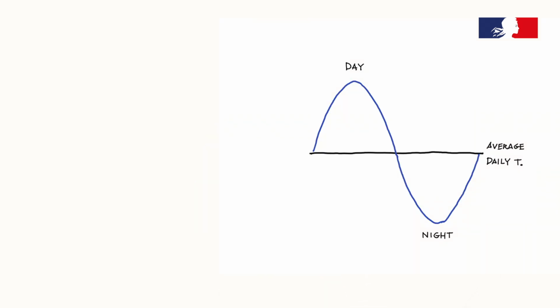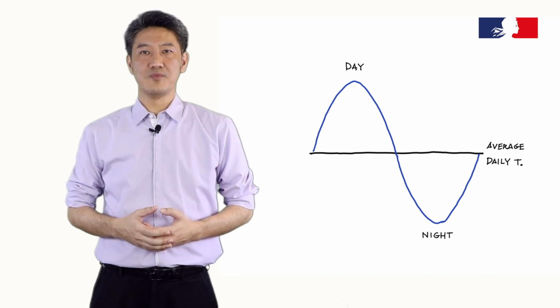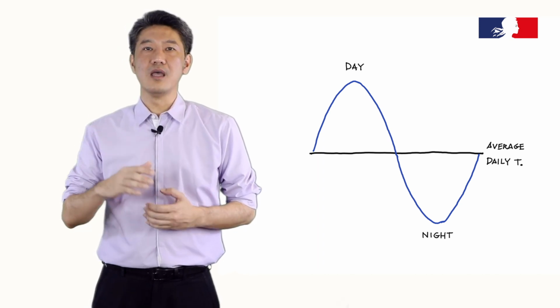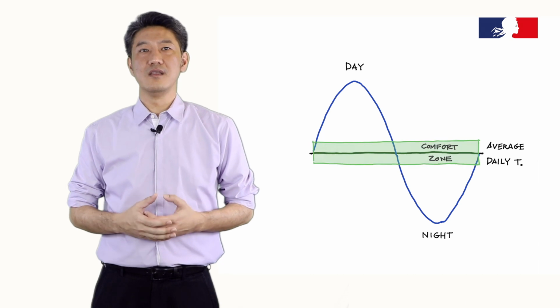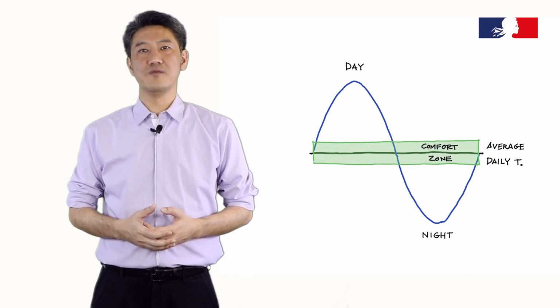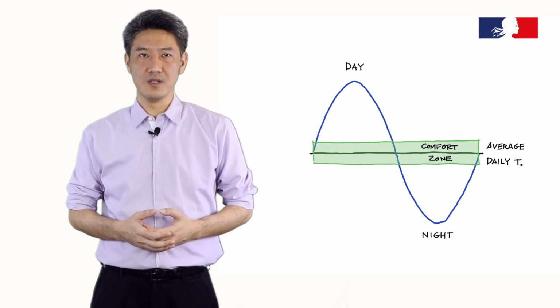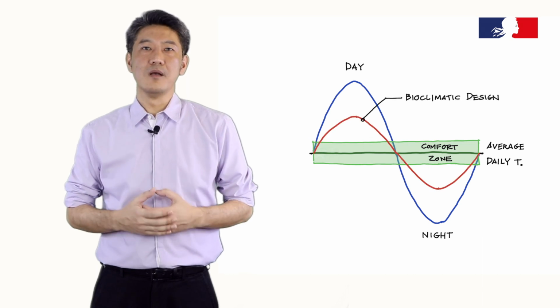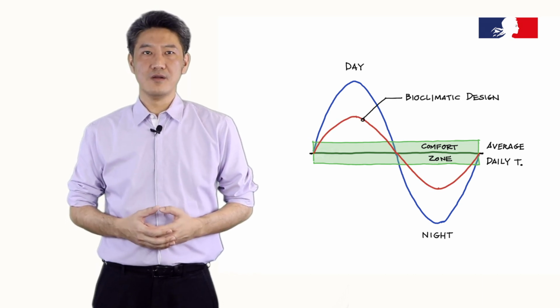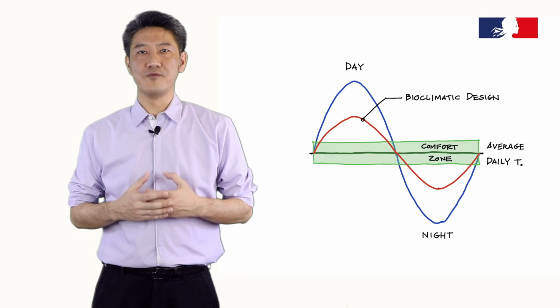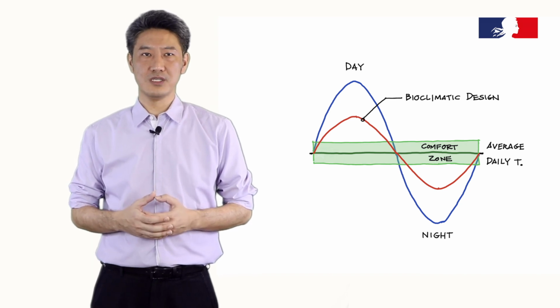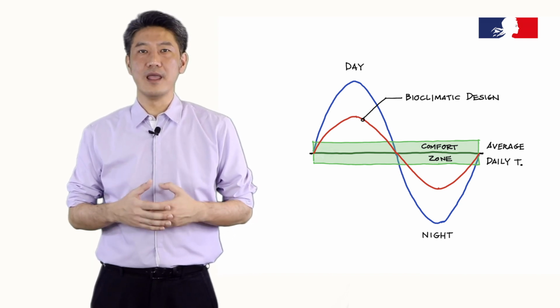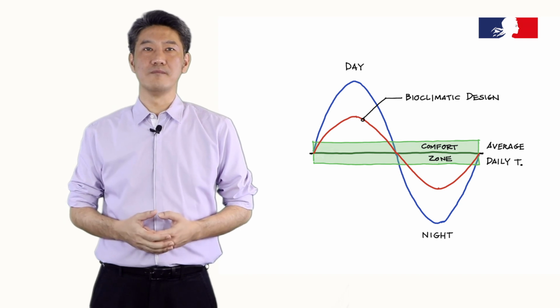In any location, the outdoor air temperature is high during the day and low at night. If the range of temperatures in which people feel comfortable is somewhere in the middle, bioclimatic architecture represents a building that can reduce the indoor temperature during daytime and increase it during nighttime.